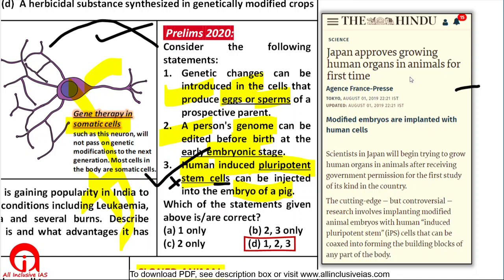We will, in our laboratories, create the animals in such a way that they will have the parts that human body needs, and we will harvest them for organ transplantation. So it is surprising, but actually the third option is also correct. So in this question, all the three options are correct.